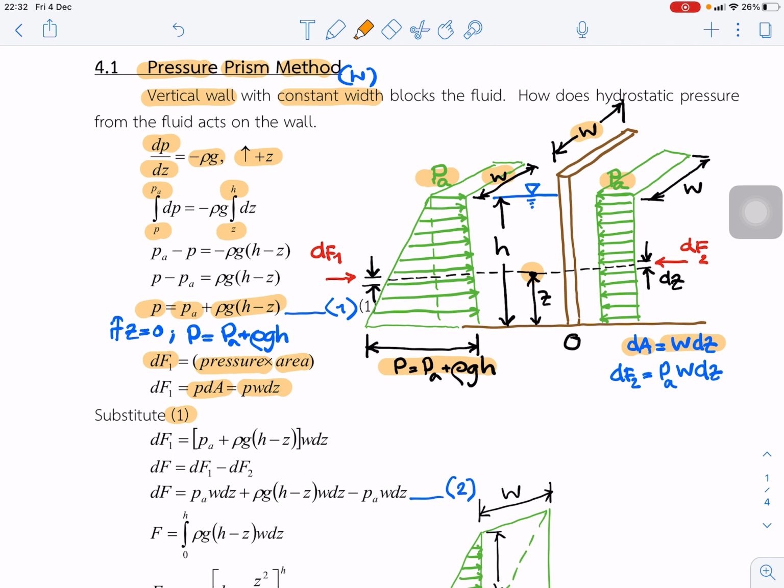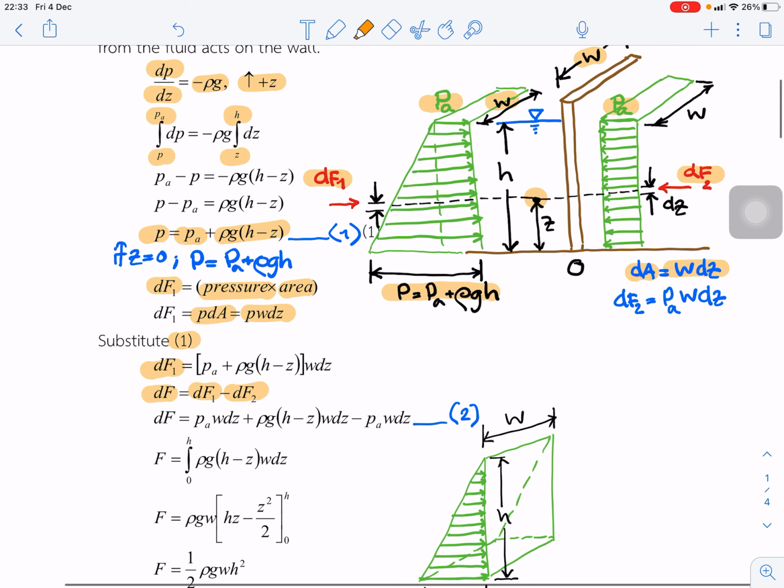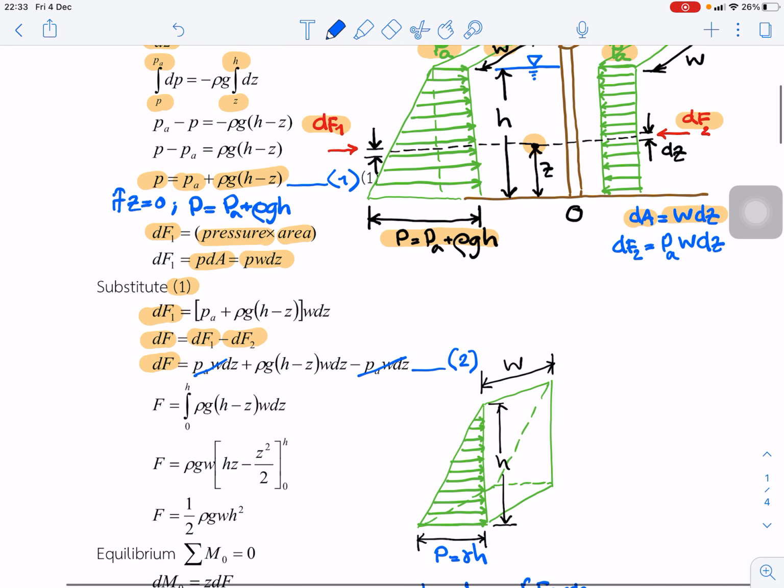If we substitute equation 1 into dF, and because dF is the difference between dF1 and dF2, we substitute dF1 and dF2 into this equation and get equation 2. Some terms can be cancelled, this term and this term. Next we integrate the force from 0 to H dz.